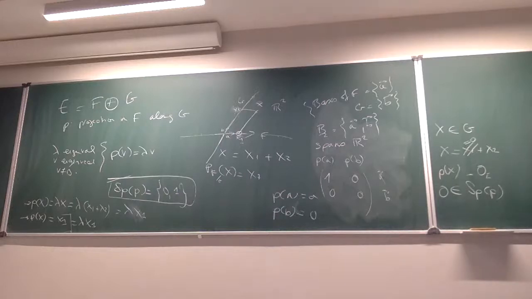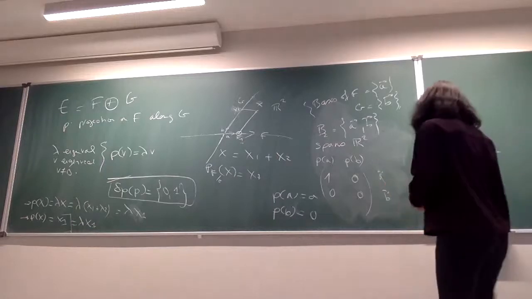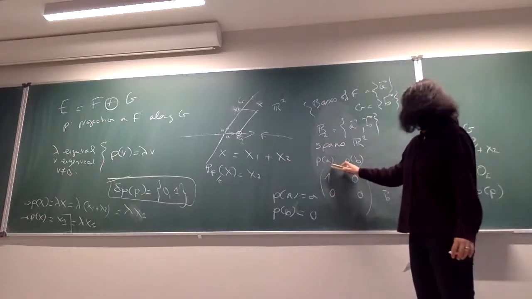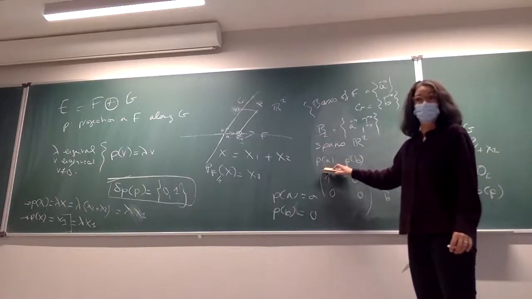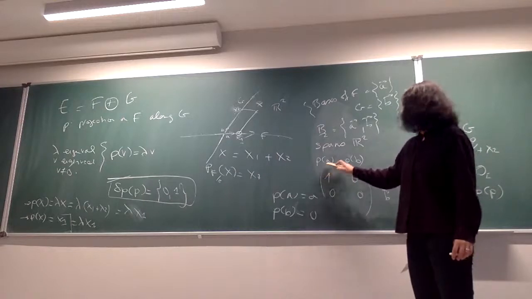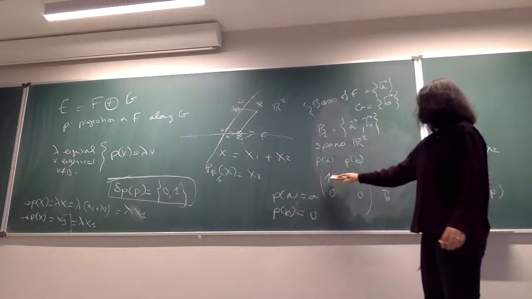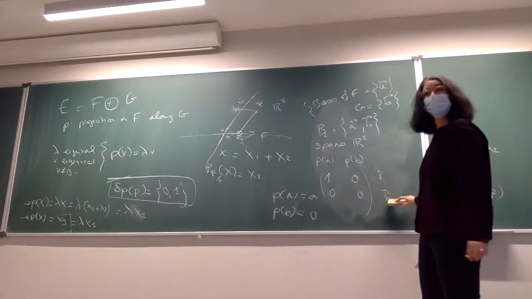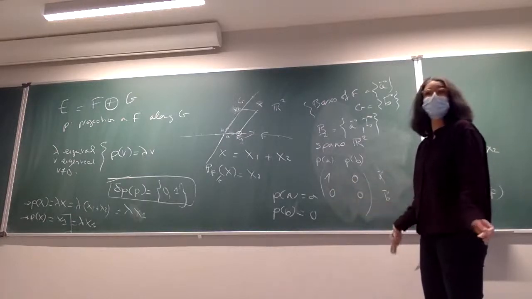Any questions? If you could quickly explain how you found the values of the matrix, please. Yes, I take in columns the image of the basis items. Okay, P of A is equal to A. So it's 1 for the row corresponding to A and 0 for the row corresponding to B. P of B is 0.